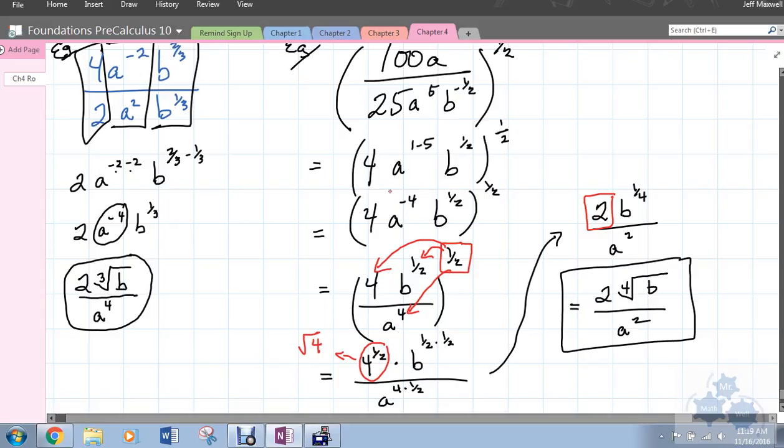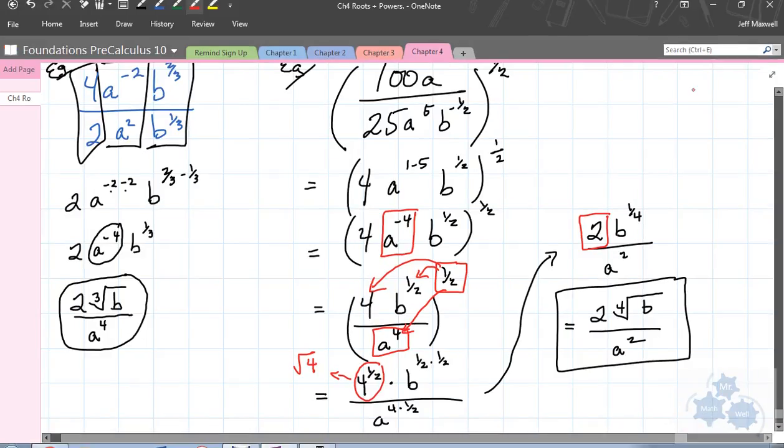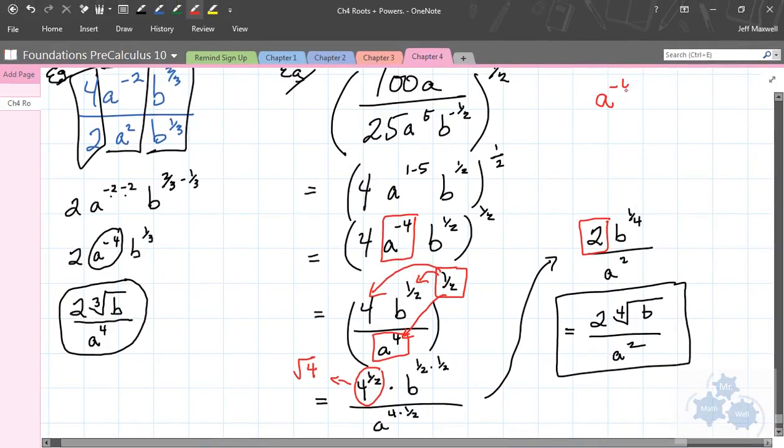Well, the 4 is negative here in the numerator. I moved it down to the denominator down here, and that changes the sign. Well, it's a factor. How do you do that? It's a factor with a negative exponent, so you can just, because remember this, a to the negative 4 is the same as 1 over a to the positive 4. Remember that?